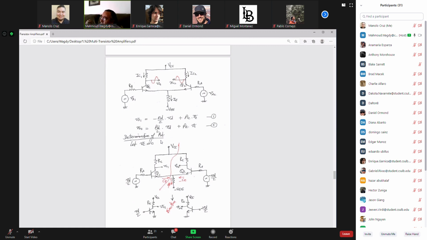Where is the simplification coming from? The simplification here is coming from the fact that we utilize symmetry. So we have a symmetrical situation here. The right-hand side has a mirror image for this circuit. So when you have a mirror image situation, it is sufficient to analyze only 1/2 of the problem. So it cuts down the effort by 50%.